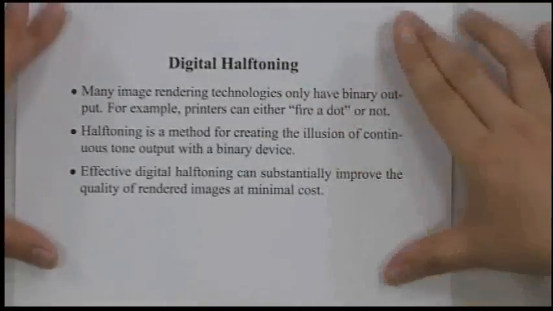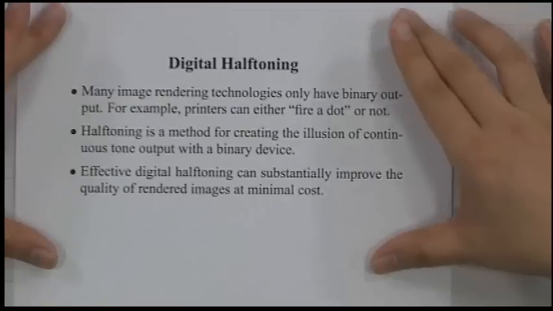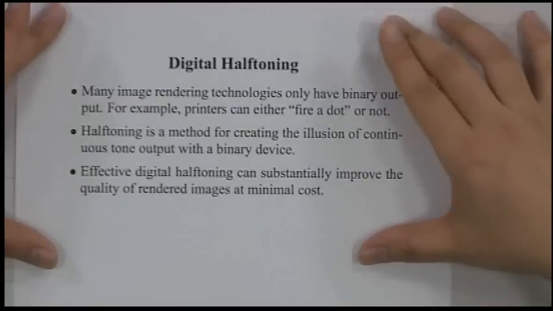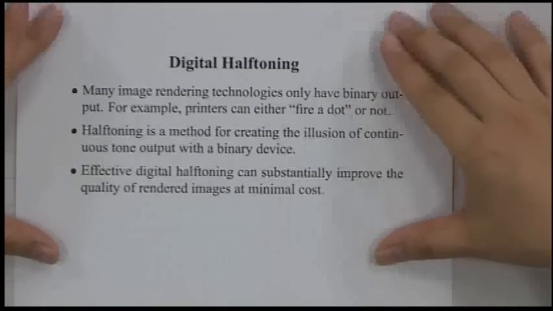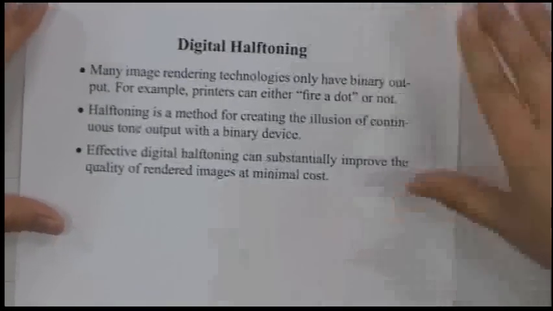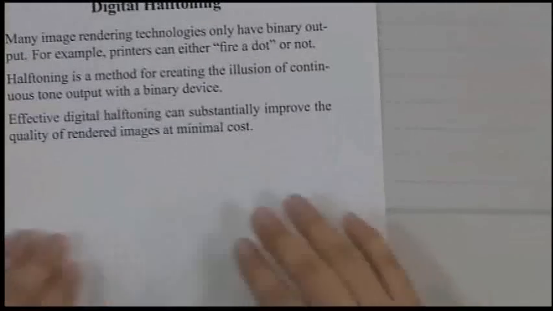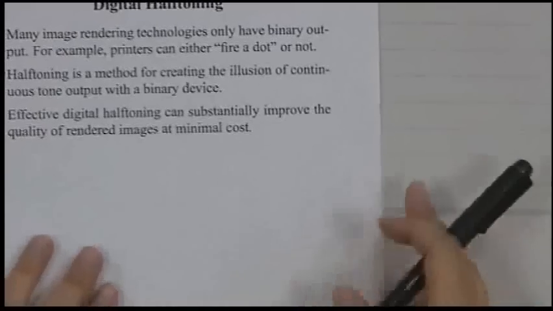But if we want to print a picture which has continuous pixel values, then it's a very difficult problem because we can express the picture by only binary values, which means black or white.